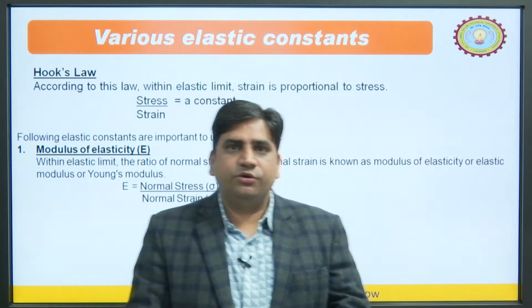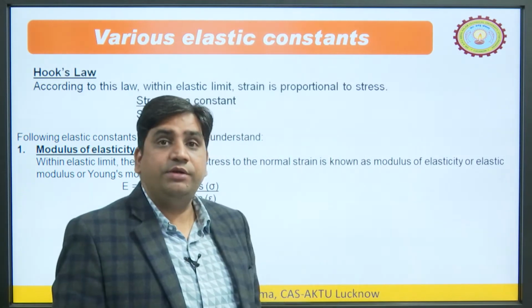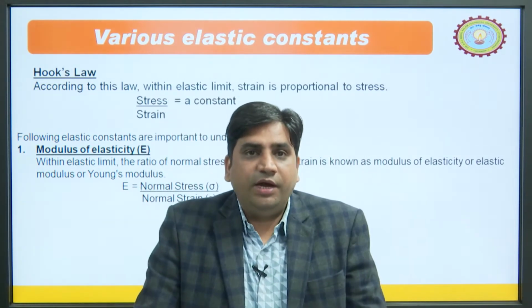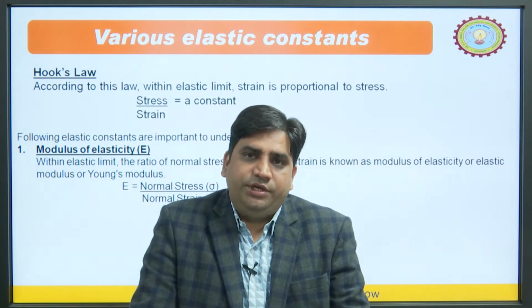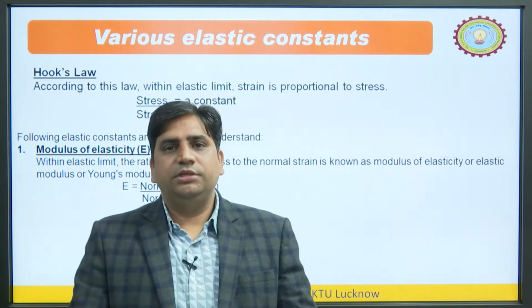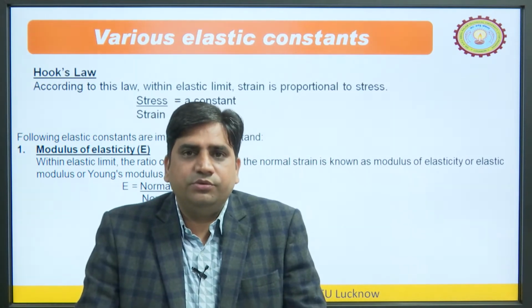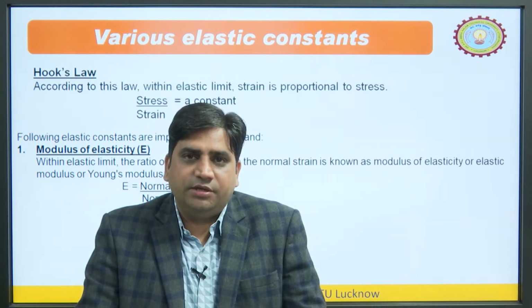Now, come to the next topic, the various elastic constants. These elastic constants are very important. Why are they important? Because irrespective of the shape, the size, or the application, the materials can be used with the same properties. Materials are generally known by their characteristics.